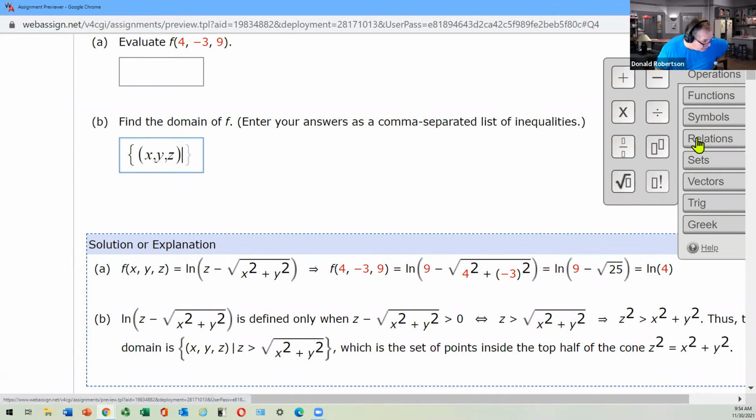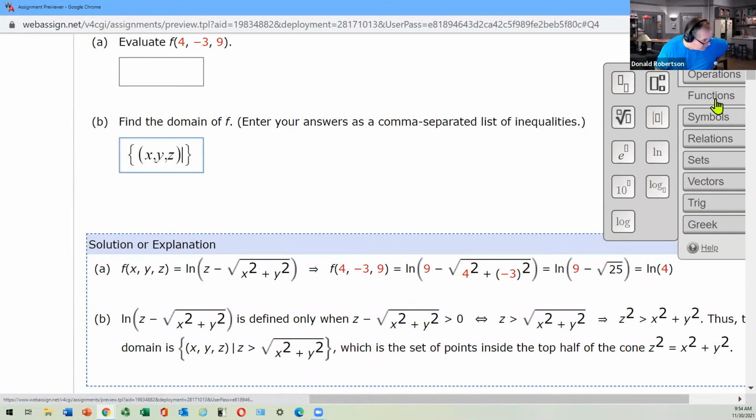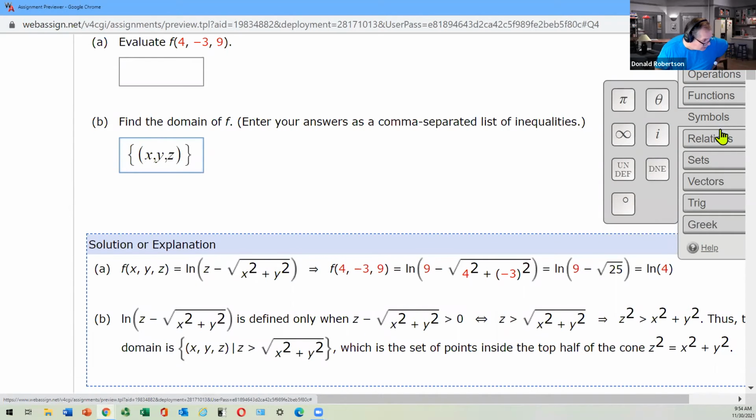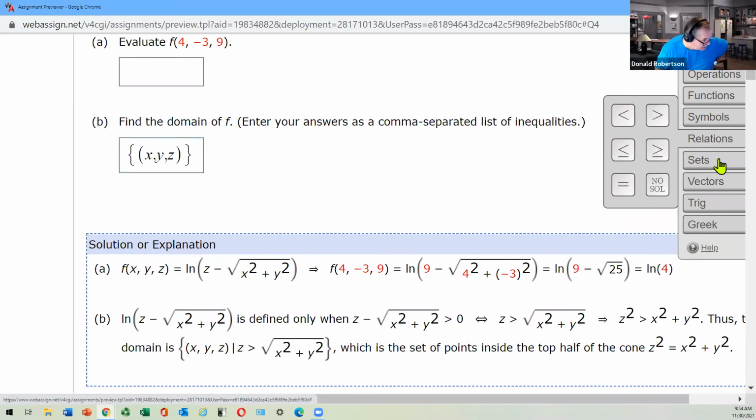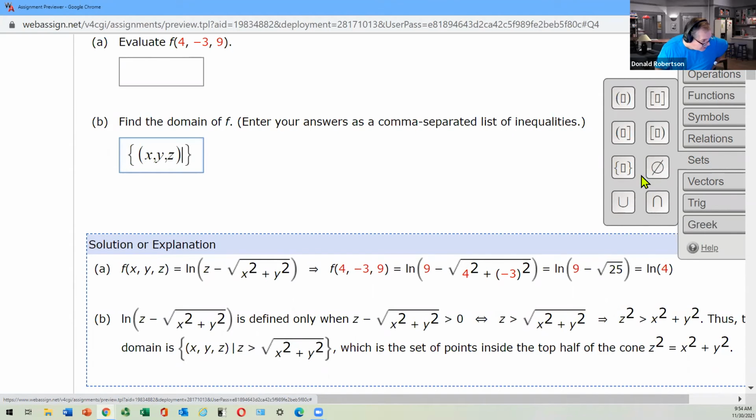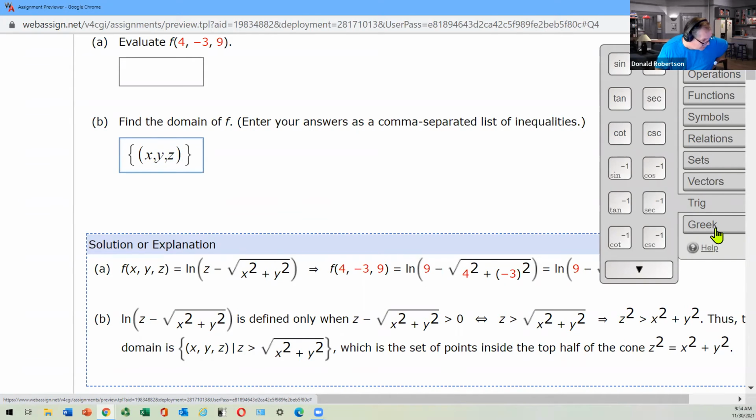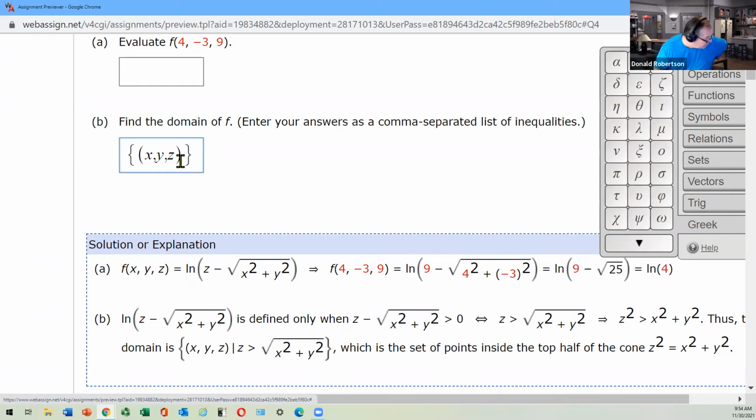Let's see, it's none of those. Not that one. Definitely not that one. Not that one. Interesting. I wonder if you need to click on that for the curly brackets, but that doesn't seem to be a big issue. Since they don't have it, I believe it's Shift 1.